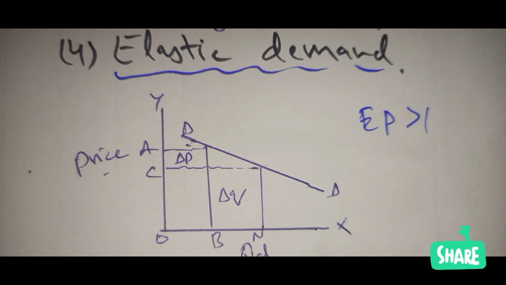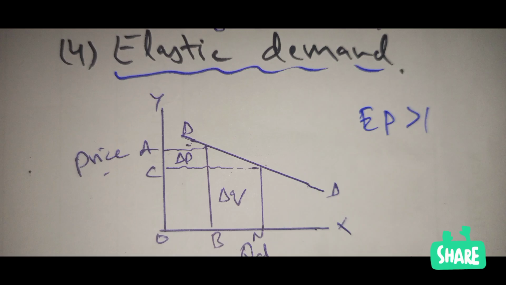ED, elasticity of demand, is equal to delta Q, which is 20%, by delta P, which is 10%. When we divide 20% by 10%, then our answer is 2.